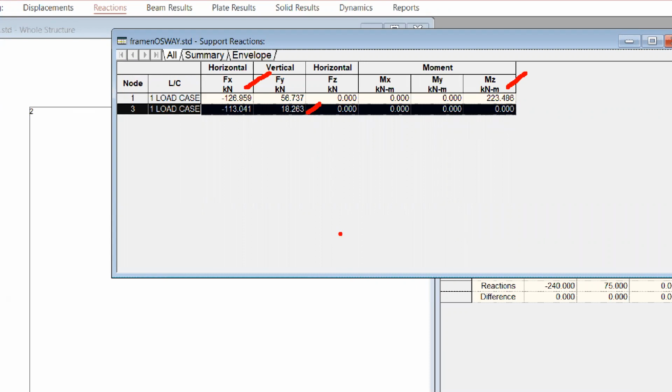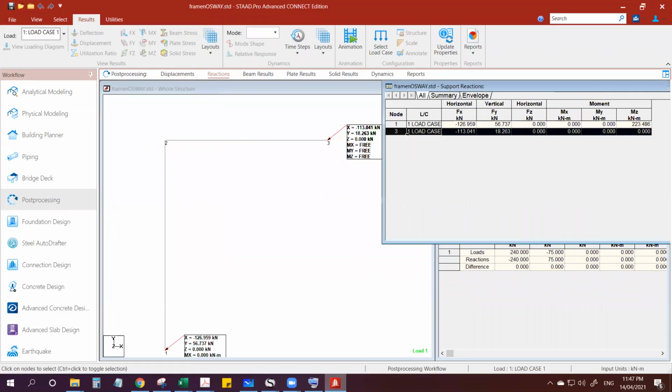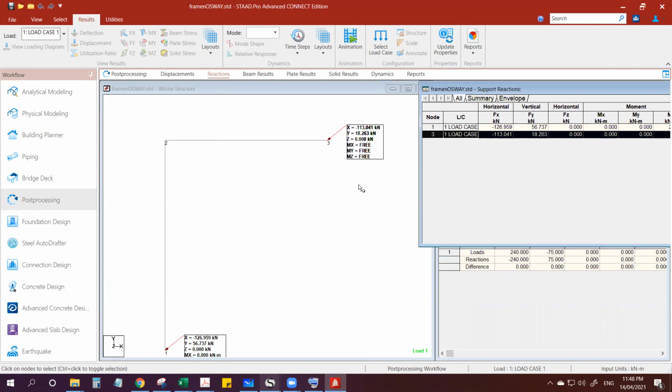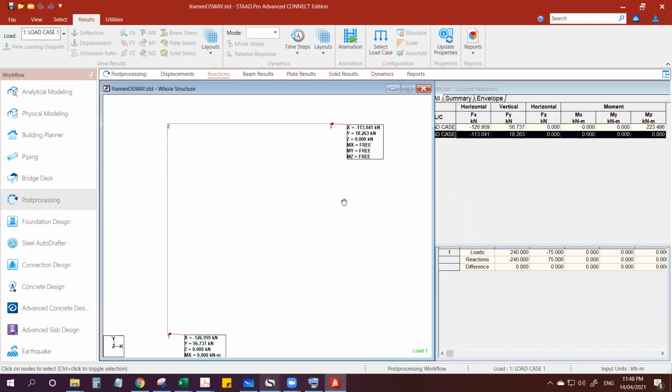Okay. So that simple approximation using just the beam stiffness matrix gives us an almost accurate answer, right?